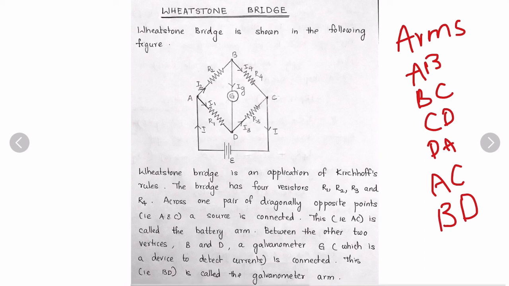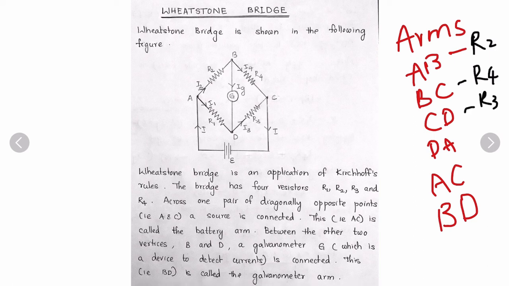And already I told you in my previous video that a dot is a junction and a loop is a closed circuit. So what we will analyze now, junctions and loops, using Kirchhoff's 2 rules, that is KCL and KVL, Kirchhoff's current law and Kirchhoff's voltage law. We will apply them to this network. In the arm AB we have the resistance R2. In the arm BC we have R4. In the arm CD we have R3.